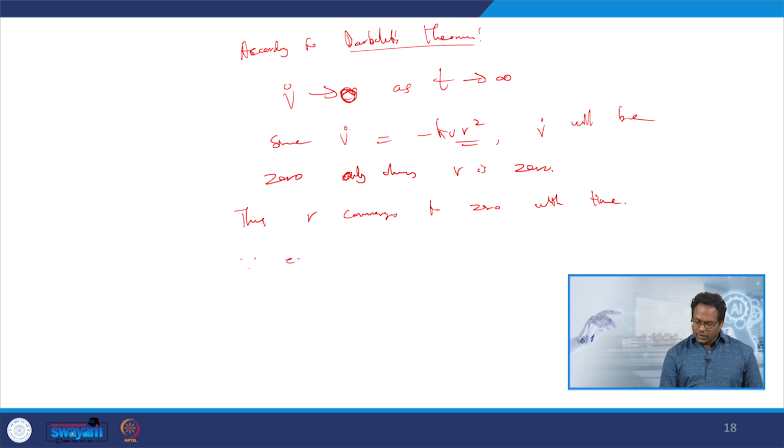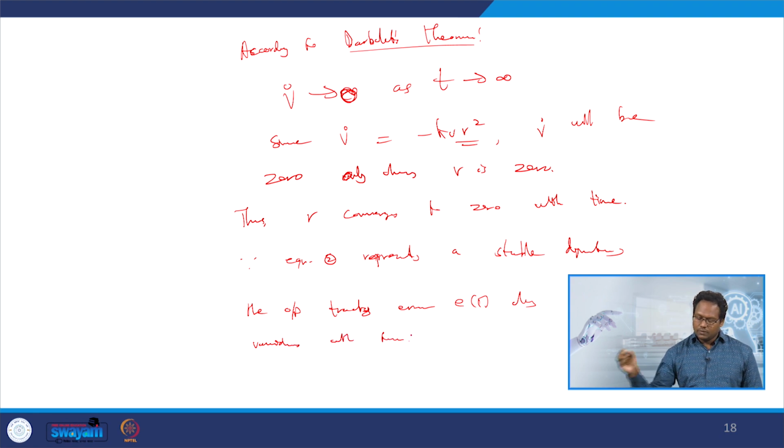Since equation 2 represents a stable dynamics, the output tracks precisely, the output tracking error E of t also vanishes with time t.